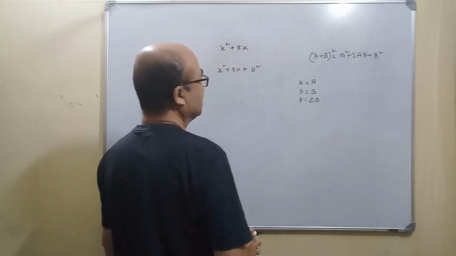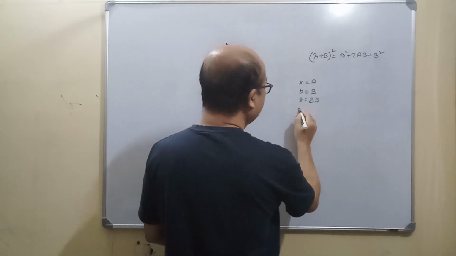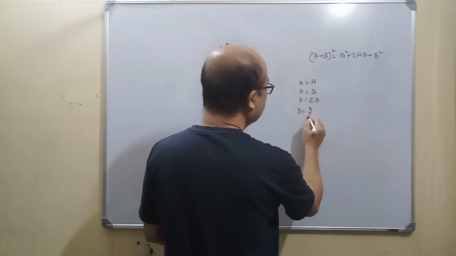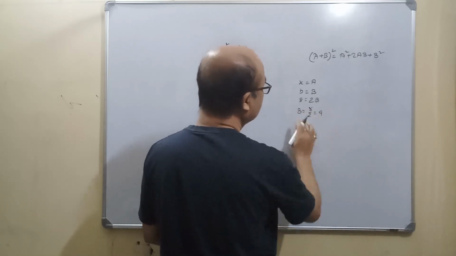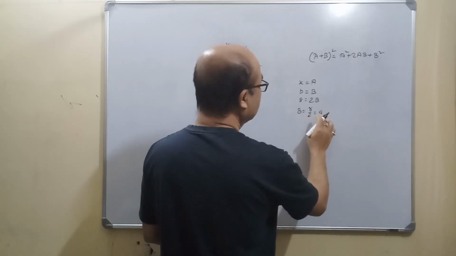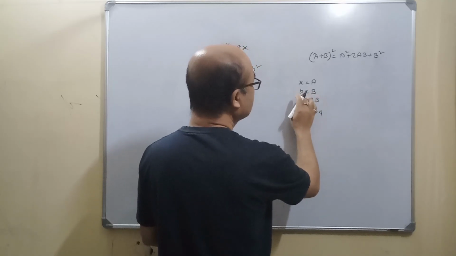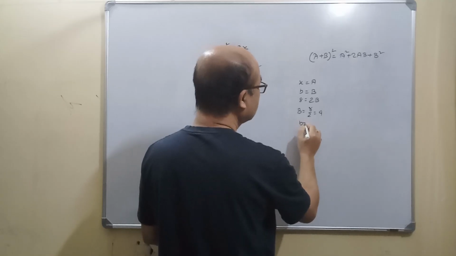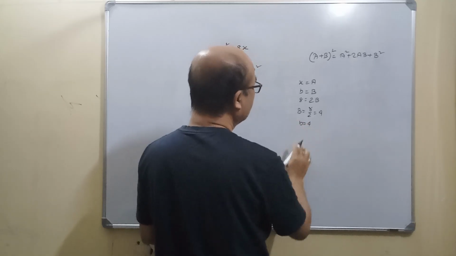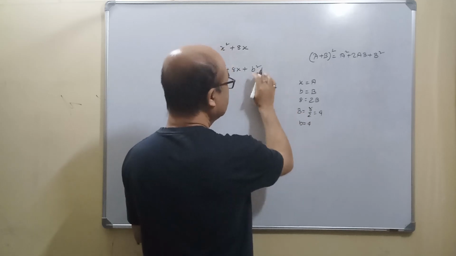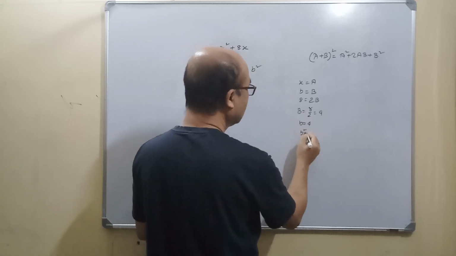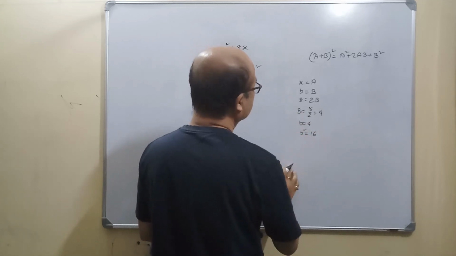which means b is equal to 8 by 2, which is equal to 4. So b should be 4. That means small b should be equal to 4, which implies b square should be 16.